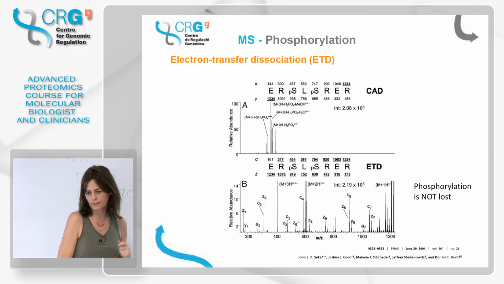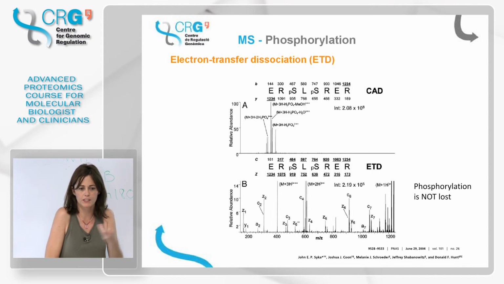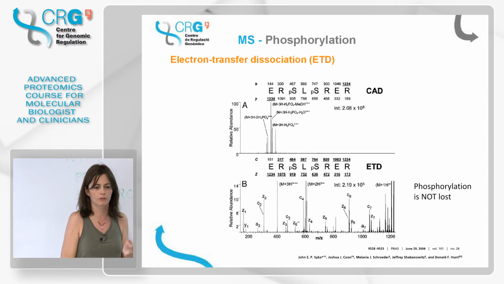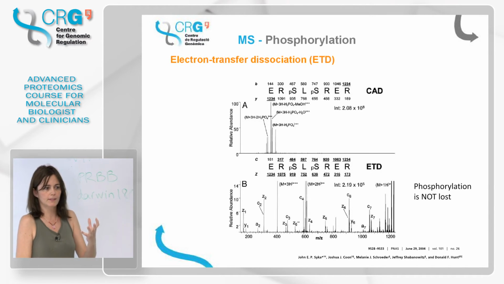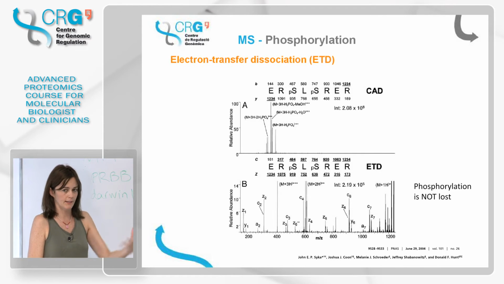So we retain that information. However, this way of fragmenting doesn't always give very nice spectra for each peptide. It's very dependent on the mass of the peptide and the charge. So, it's always complementary and it adds information, but there is not one way that solves everything.